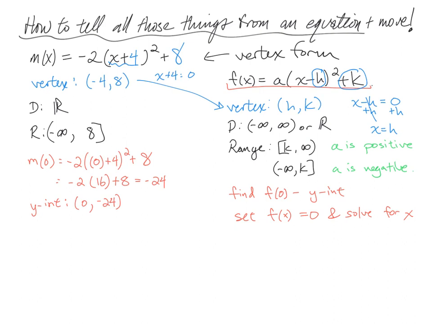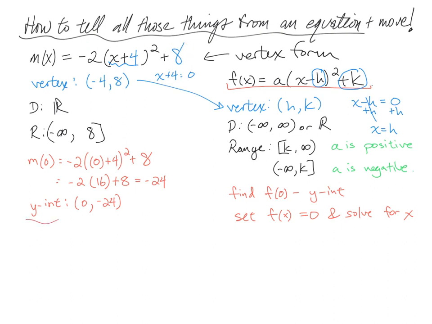Now the x-intercepts, again, are a little more involved. So what we have to do is take the function f of x and set it equal to 0. But I don't want to write m of x equals 0 because then I can't solve for anything. What I want to do instead is write this side of the function equal to 0.